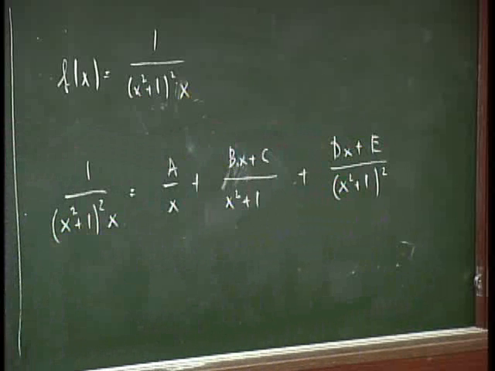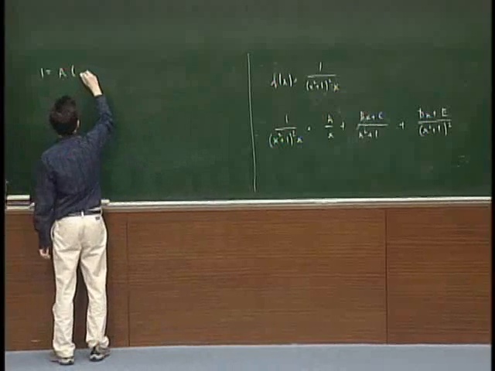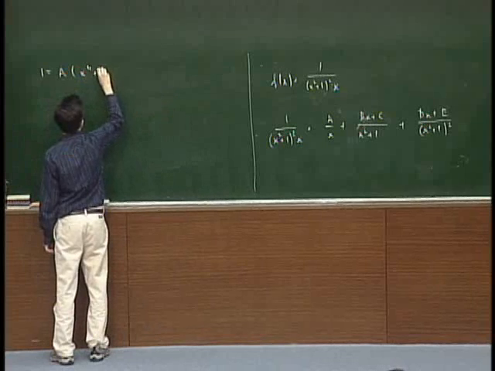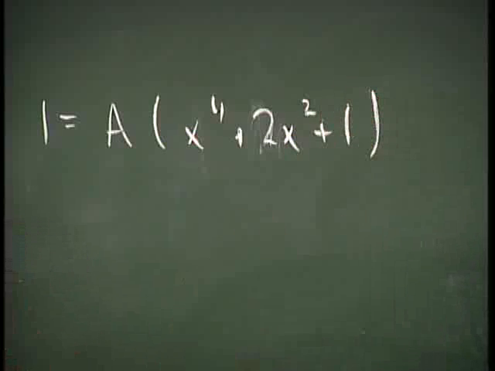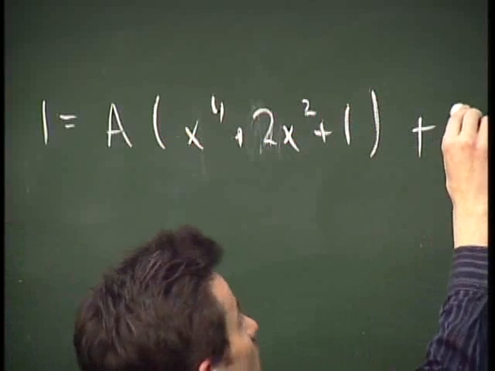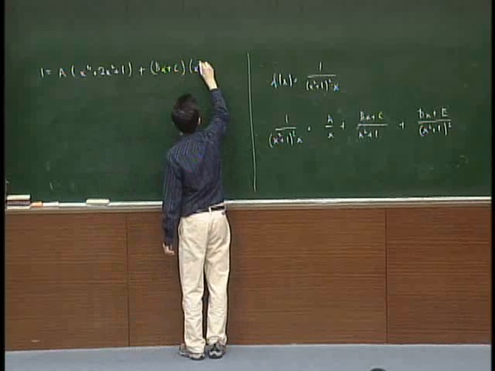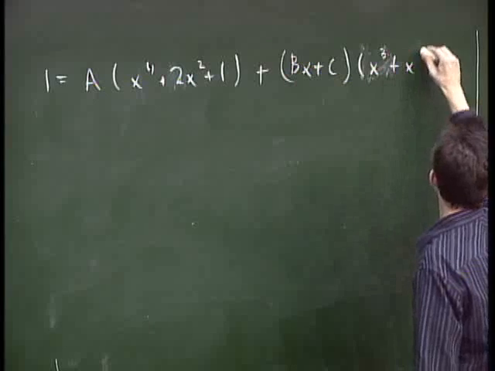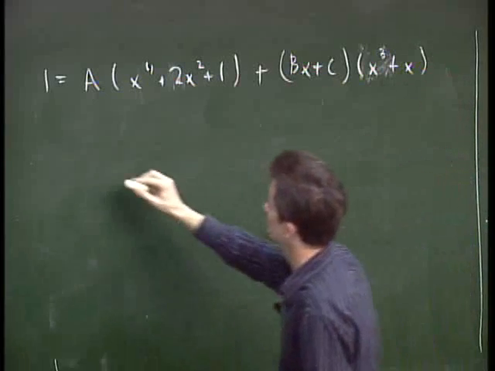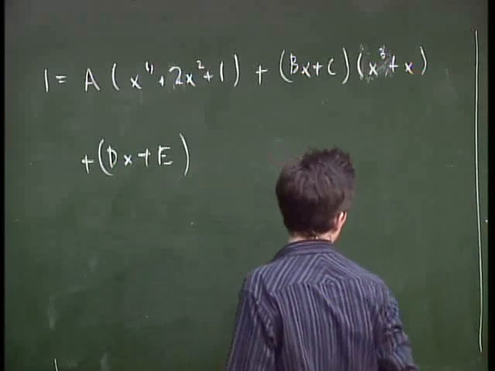So you get here 1 is equal to, for this one, a times (x to the 4 plus 2x squared plus 1), plus now you have (bx plus c) times x squared, let's already write this as x cubed plus x, plus, and then you have (dx plus e) times x.